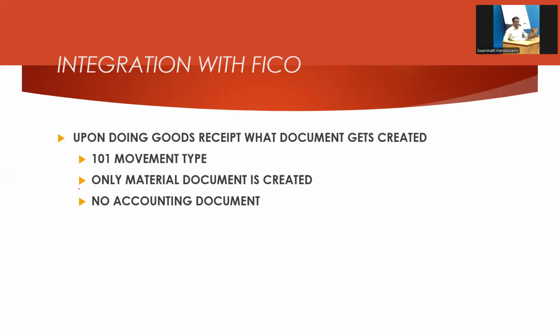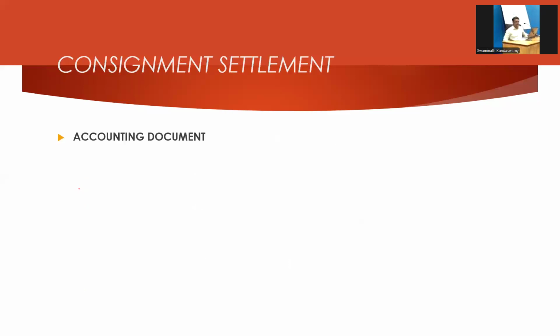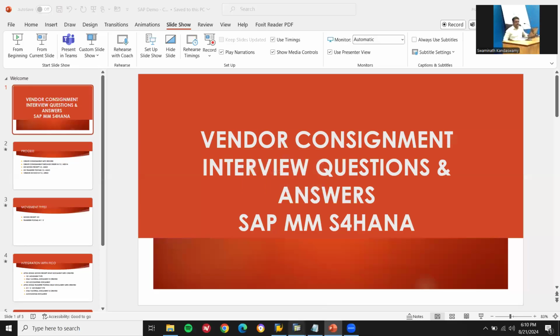Next step, upon doing transfer posting, they may ask you what document gets created. With 411K movement type, one material document gets created and an accounting document gets created. I'll show you in the live system itself. Finally, on consignment settlement, an accounting document gets created.